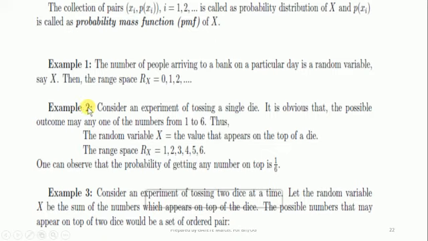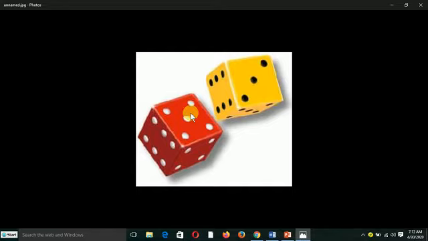Another example: we consider an experiment of tossing a single die. This is a die. A die is used in a game, for random games. It is almost the same as what we call Urusimbi in Kinyarwanda.